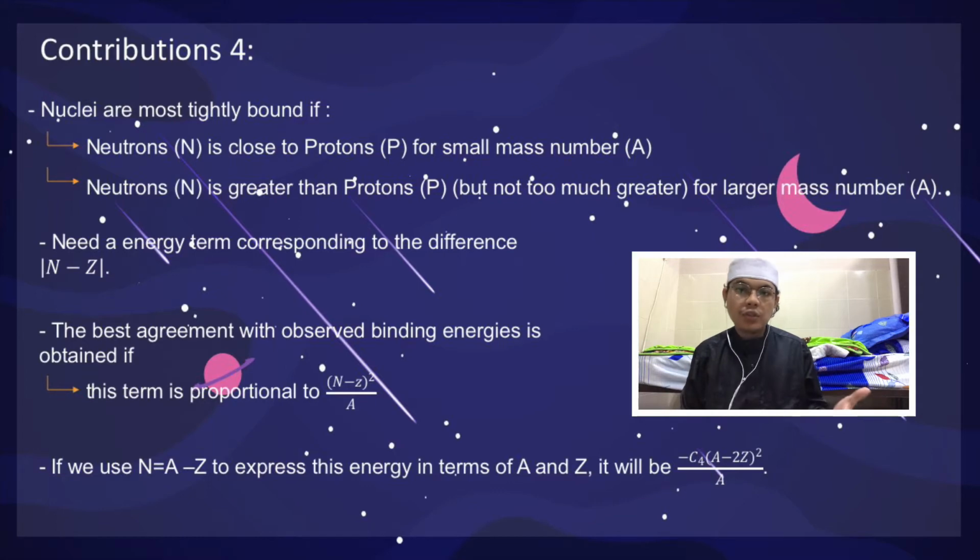Number 4 is that observations show that nuclei are most tightly bound if N, which is the neutron number, is close to Z, which is the proton number, for small mass number A, and N is greater than Z, but not too much greater, for larger A. So we need a negative energy term corresponding to the difference N minus Z. The best agreement with the observed binding energy is obtained if this term is proportional to (N minus Z) squared over A. And if we use N equal to A minus Z to express this energy in terms of A and Z, the term is as I have typed in the slide, which is negative C4 (A minus 2Z) squared over A. So that's the term.